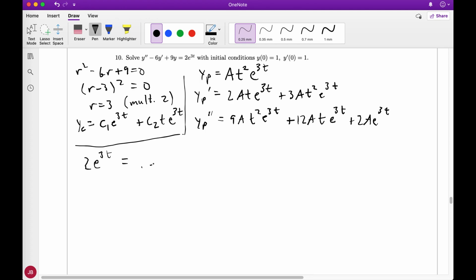I'll let you work all that out, but for the sake of time, I'll just tell you that it works out to be 2a times e to the 3t. So that's nice. And so now look, the coefficients need to match. So that means that 2 has to equal 2a, which says a equals 1. And so that tells us then that yp is just 1t squared e to the 3t.